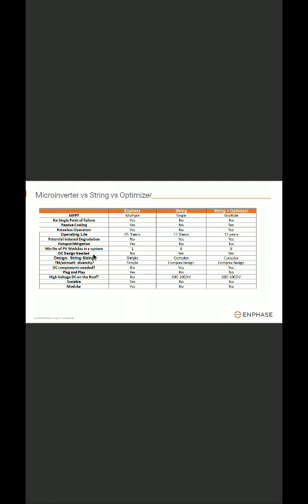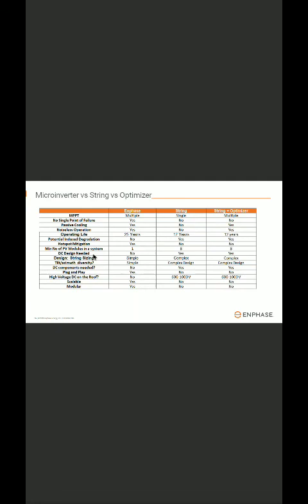And the minimum number of PV panels in a system is one panel. We have the 7 plus and 7A, one inverter for a panel. And DC design is completely eliminated in our Enphase solution, whereas it is required in other advanced technologies.